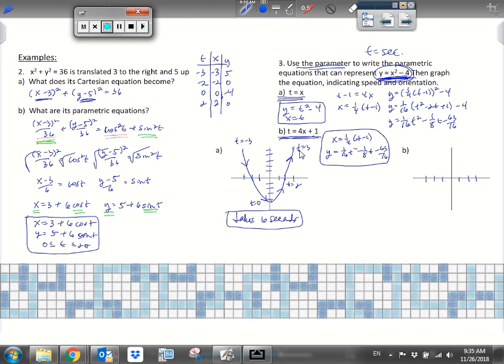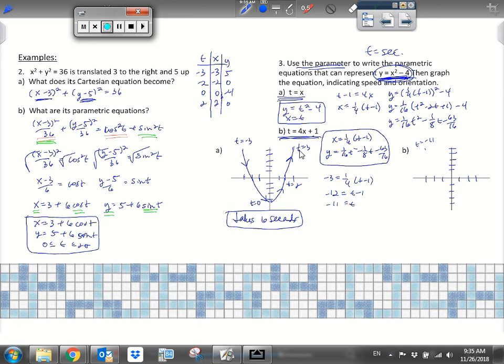Well, I would just need to use this little equation, -3 equals 1/4 (t minus 1), and solve for t. Multiply both sides by 4. -12 equals t minus 1. Add the 1 over. I get -11. So right here, t is -11. Okay?